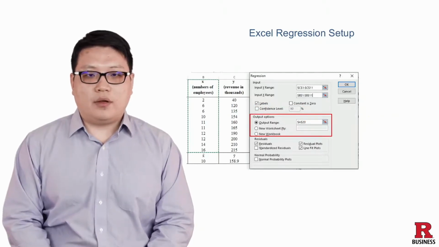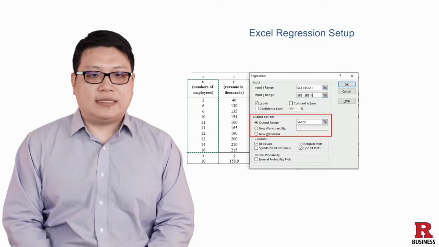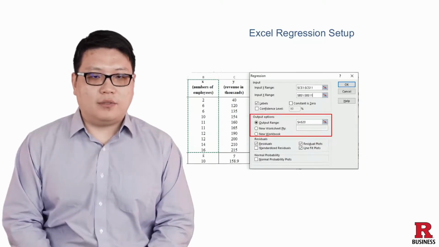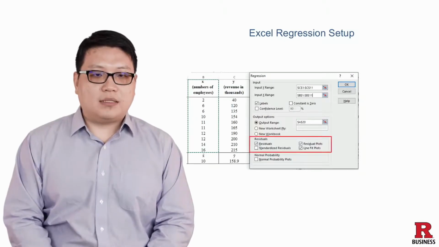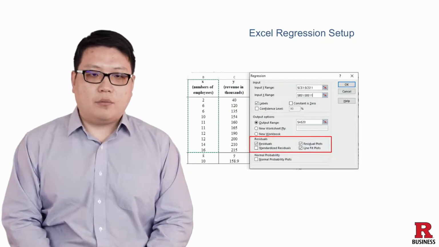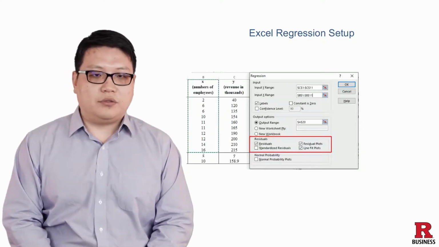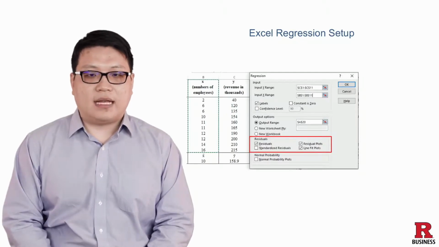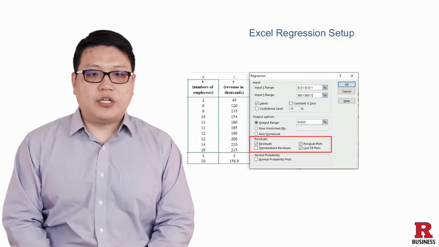The output option here means where you want your output to be. You can select a specific cell, a new worksheet, or even a new workbook. The residuals part lets us get some information on the residuals: whether you want the residuals to be calculated, and whether we want to plot the residual plot and the line fit plots.